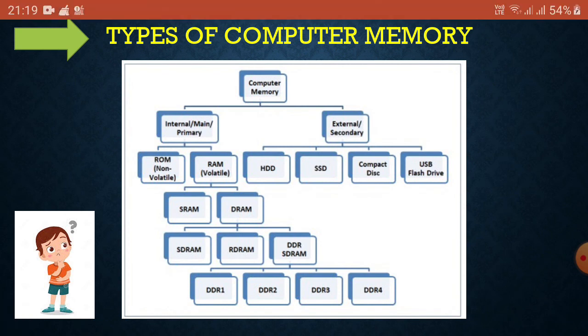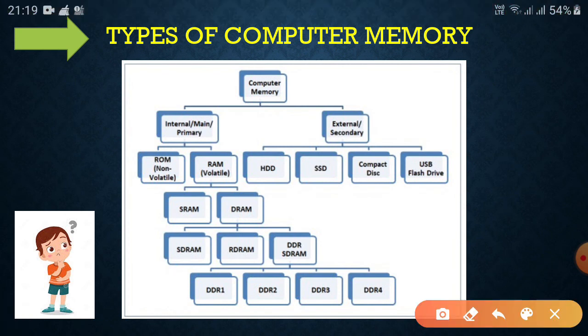Next, now we are thinking about the types of computer memory. So what are the types of memory? Computer memory mainly has two parts. One is internal, that is called main or primary memory, and another one is external or secondary memory.